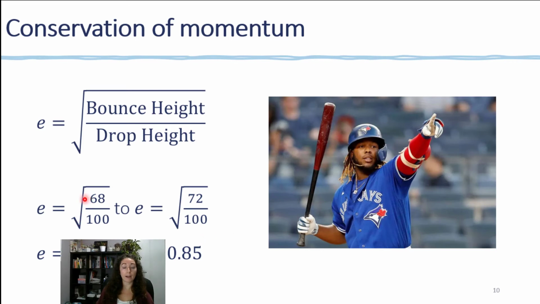The bounce height has to be 68 to 72 inches, that's our lowest and our highest, and we divide that by the drop height of 100 inches. So we get a range of a coefficient of restitution between 0.82 and 0.85 for racquetball.